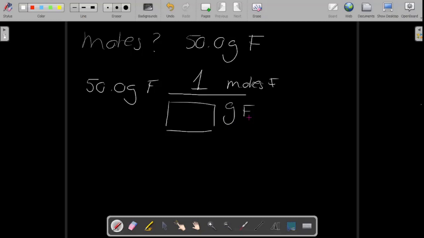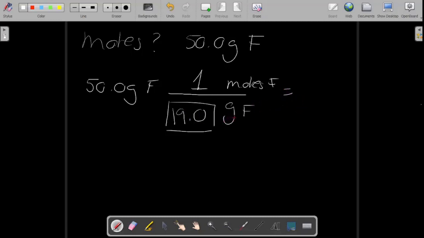So you go to the periodic table and you find fluorine. According to the periodic table, fluorine is in position 9. The atomic mass for that fluorine is 19. So 19 grams of fluorine equals 1 mole.